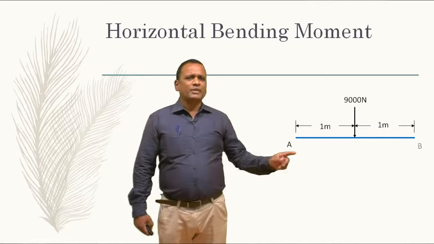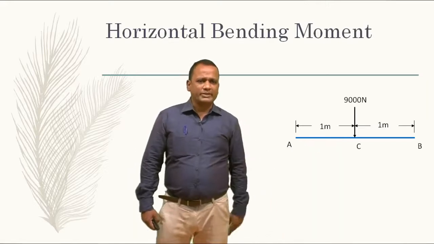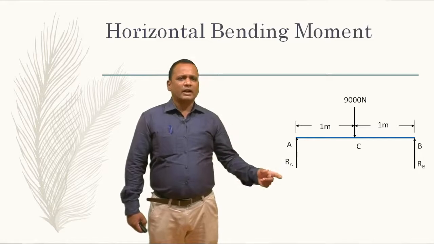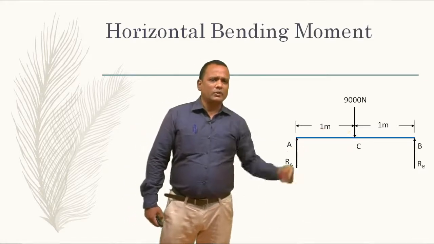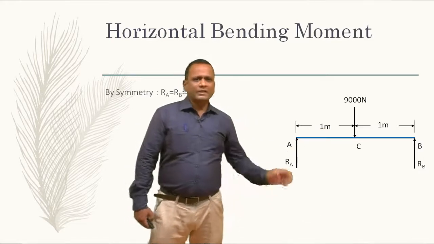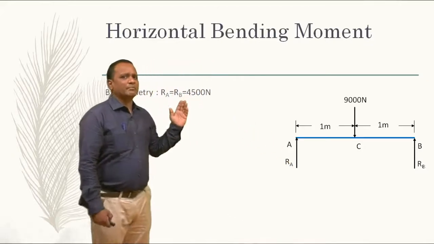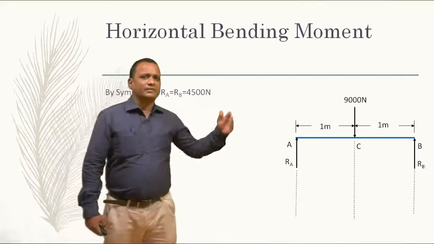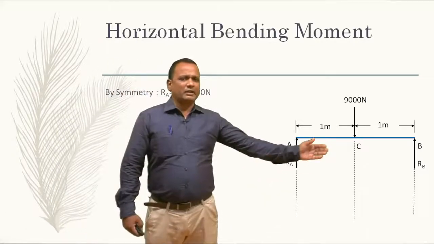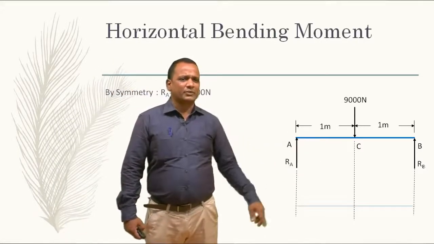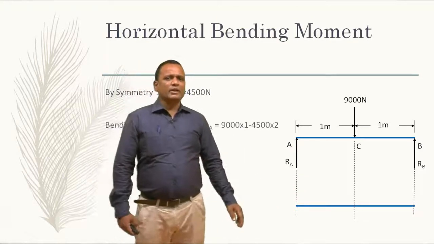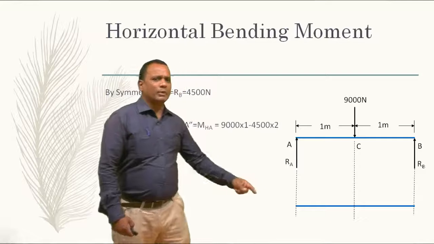This is point A, point B, and this is point C. This is followed by two reaction forces, RA at A and RB at B. Since it is symmetric, RA is equal to RB, which is 4,500 Newton, half of it. Then I draw reference lines, and one more line which represents the shaft. Now I am going to calculate the bending moment at point A.